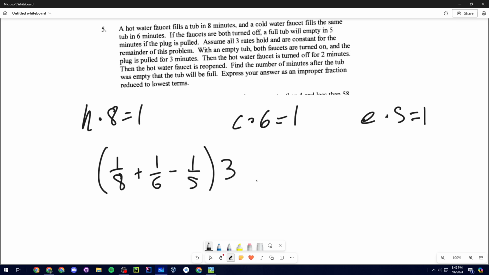Then the water faucet is turned off for 2 minutes. So now it's just plus 1 over 6 minus 1 over 5 times 2.